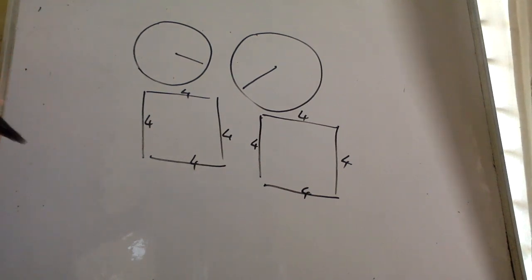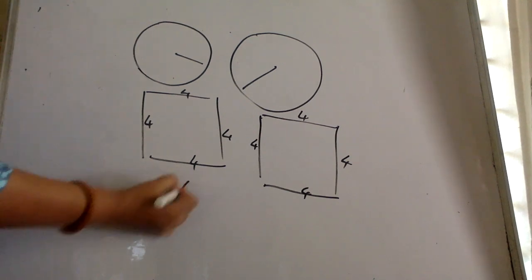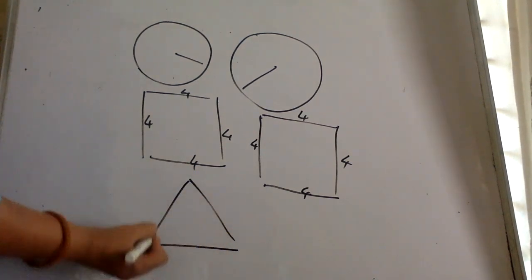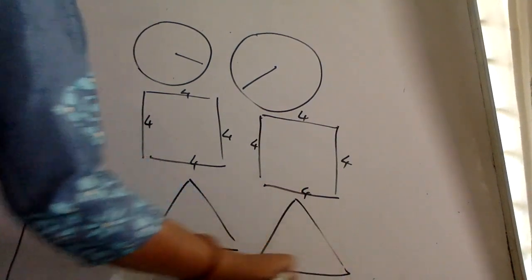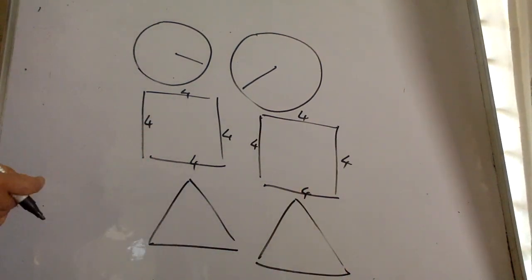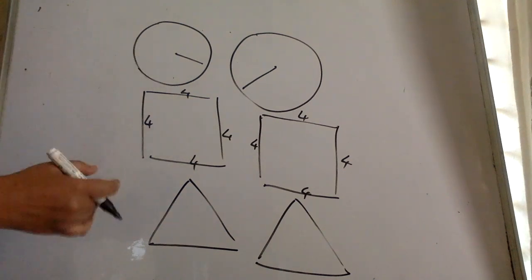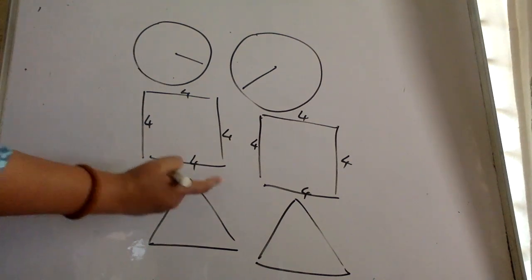Similarly, we can have congruent triangles. Congruent triangles are two triangles which have exactly the same logic. I have two triangles here and in both the triangles the sides have to be equal.